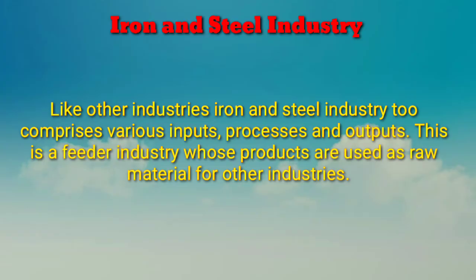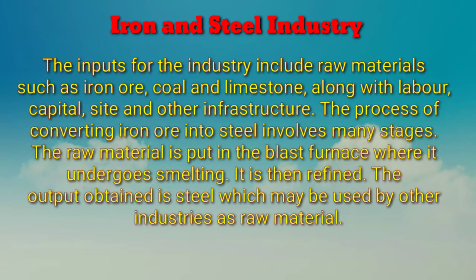Iron and steel industry. Like other industries, the iron and steel industry too comprises various inputs, processes, and outputs. This is a feeder industry whose products are used as raw material for other industries. The inputs include raw materials such as iron ore, coal, and limestone, along with labor, capital, site, and other infrastructure.